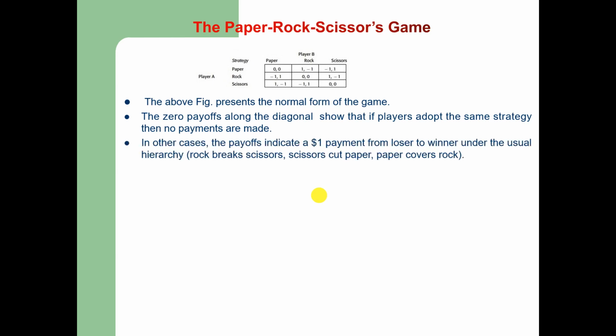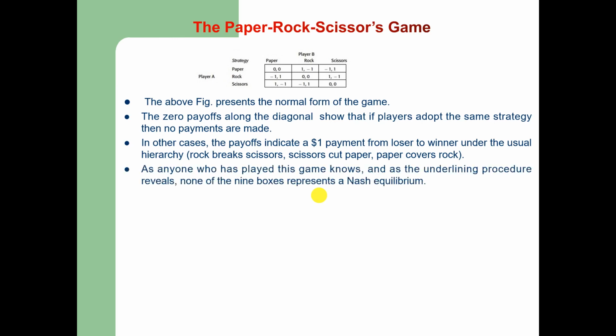In other cases, the payoffs indicate that $1 will be paid by a loser to the winner under the usual hierarchy, as we mentioned earlier, that rock breaks scissors, scissors cut paper, and paper covers rock.